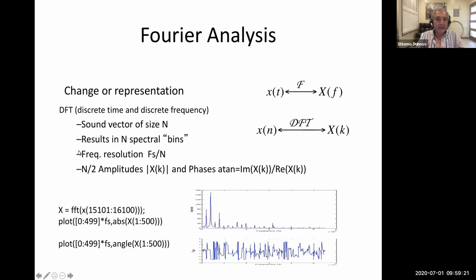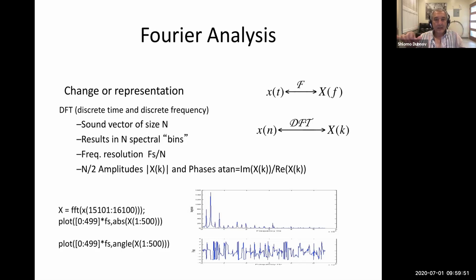So what you have is a frequency resolution of Fs divided by n. Why? Because our sampling frequency is actually double the frequency we are representing in the real world. And then you think about this division of sampling frequency by n. Why do we divide by n and not half of the sampling frequency by n?